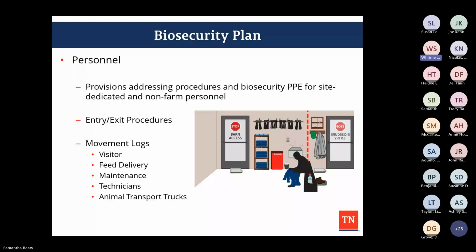Keeping track of maintenance, technicians, and other animal transport trucks, so when you're moving eggs, bringing in restock poultry, or moving things to slaughter. This is not all inclusive, but just examples of typical movements on and off a farm and what you would want to be able to document and keep track of. So at any given time, you know who's been on site that day. Next slide.